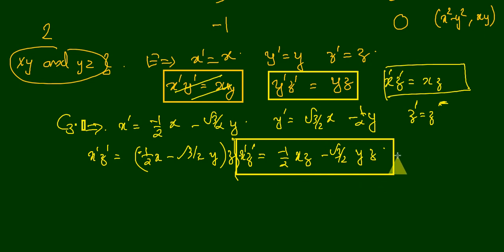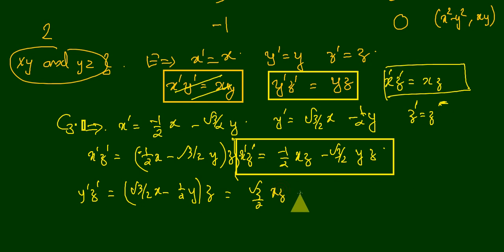Now what else do we need to find? y dash z dash. So y dash z dash is equal to, what is y dash, root 3 by 2x minus half y. Z dash is equal to z itself, so we can write root 3 by 2 xz minus half yz.